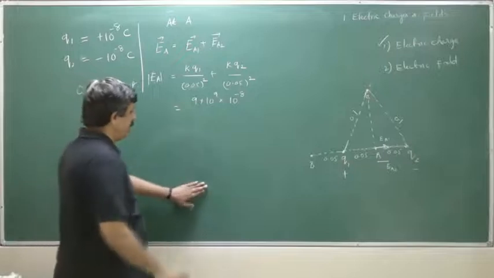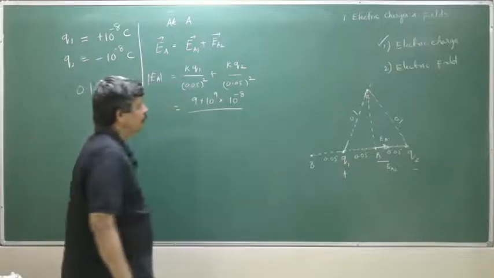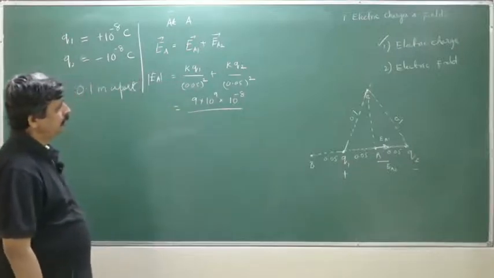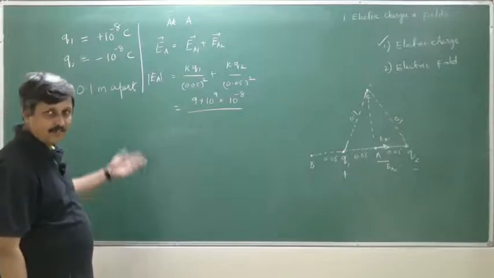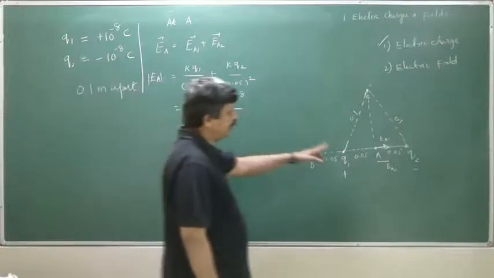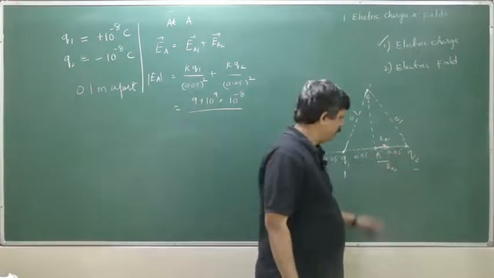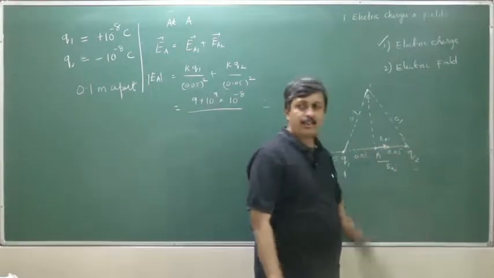I have taken the magnitude and I already considered the direction. Both of them are on this side only because this one is pushing, this one is pulling, so the magnitudes have to get added up.